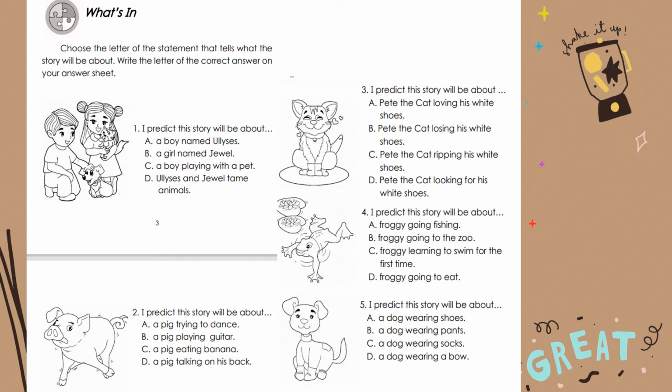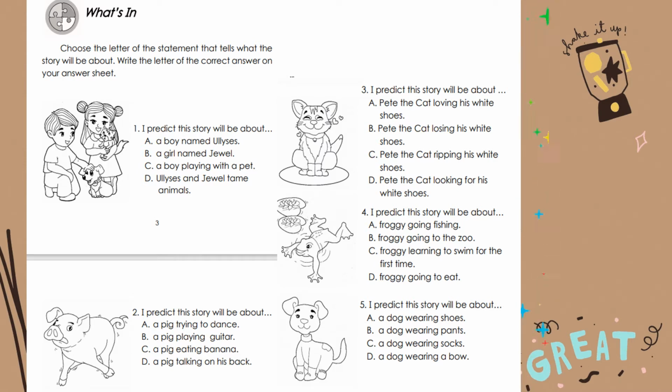For what's in, choose the letter of the statement that tells what the story will be about. Write the letter of the correct answer on your answer sheet. Number 1, I predict this story will be about: letter A, a boy named Ulysses. Letter B, a girl named Jewel.